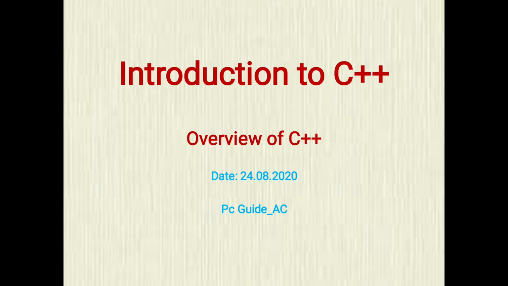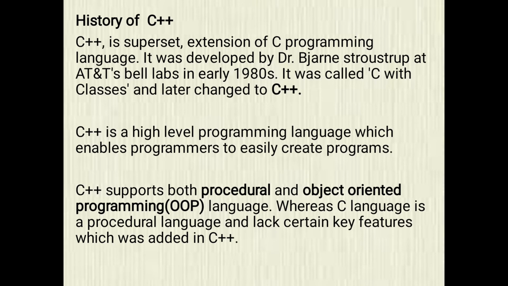So what is C++? Today we'll discuss the basic part, that is the introduction to C++, history of C++, and so on. So the history of C++. C++ is a superset, that is an extension, of the C programming language.